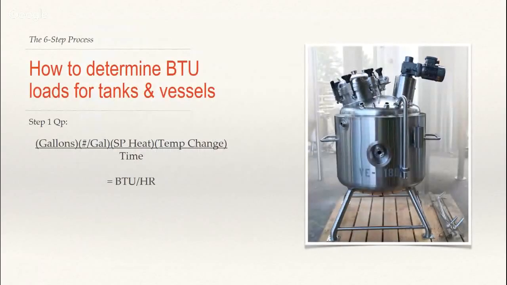To determine how much heat transfer we need for a vessel, we first have to figure out the BTU loads for a vessel. So it's a pretty straightforward calculation. If you'd like to pencil along with me, you're welcome to. I will give a live example, and you will be able to see how the numbers crunch together. But first, you need to know the gallons in the tank, the pounds per gallon of the solution. So let's say if it's water, you can use 8.34.